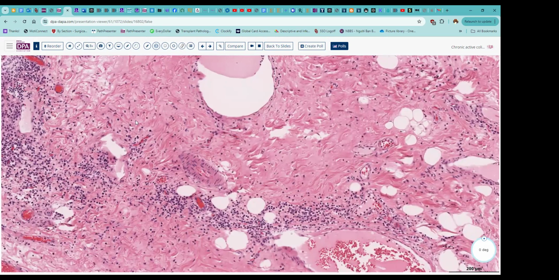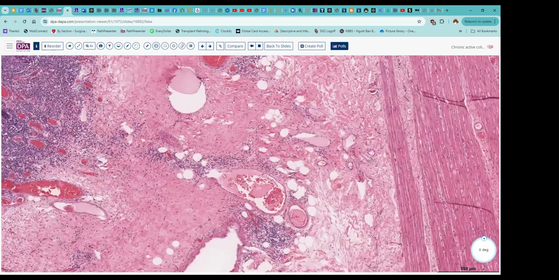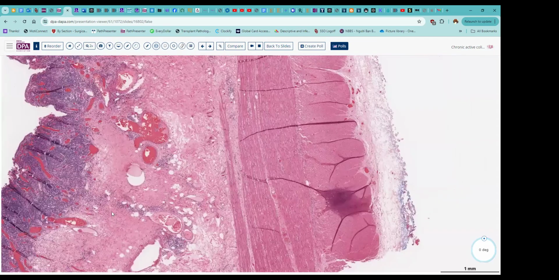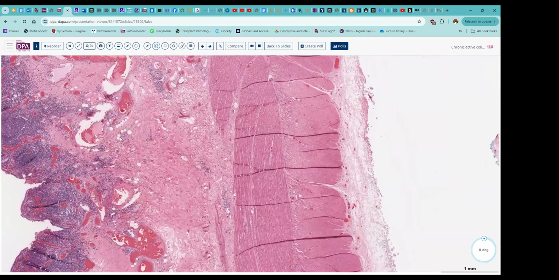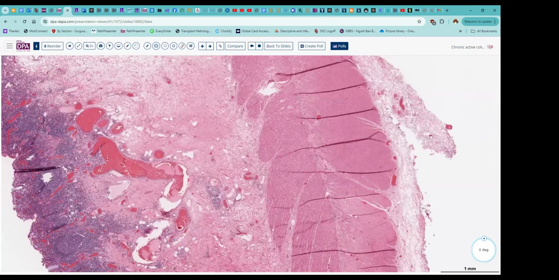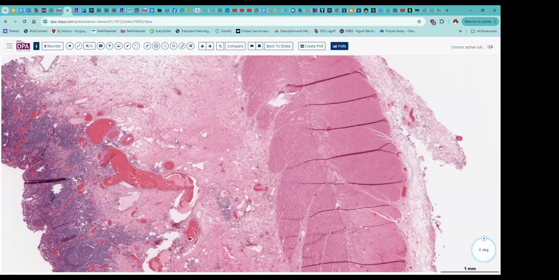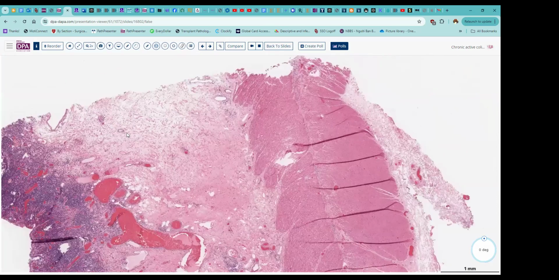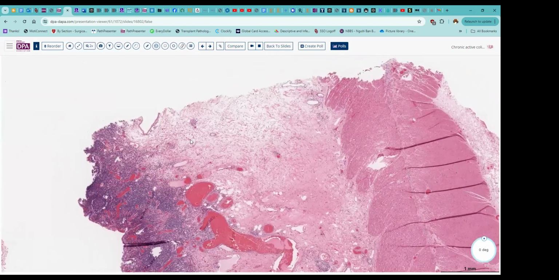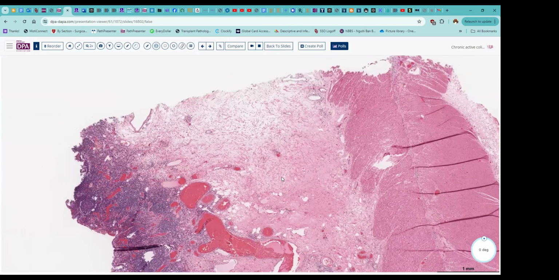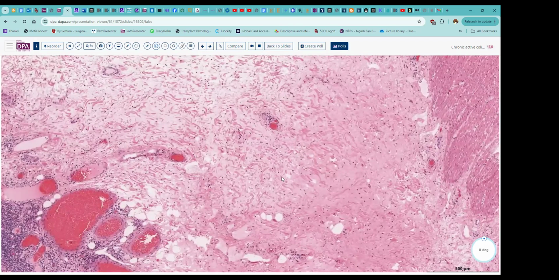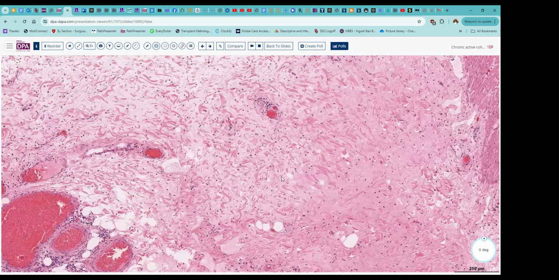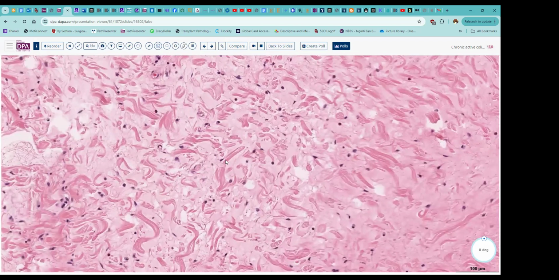Part of the challenge here is you have lost some of your mucosal motility, and that damage contributes to the diarrhea, contributes to the pain, and so forth. So this loss of muscularis, or this alternating hypertrophy of muscularis, is one of the features that can be possible.